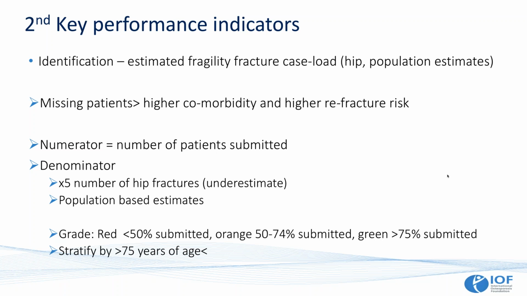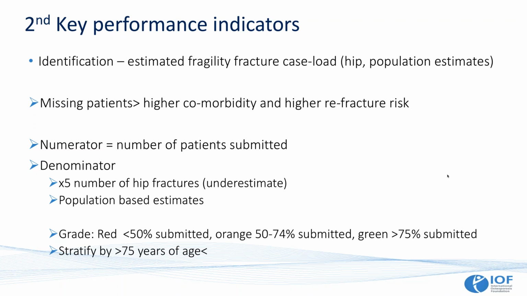So this is an indicator. The numerator is quite easy. It's the number of patients you've submitted in the last month or in the last year. Usually it's the last year. The denominator is challenging, and that's how many an FLS should see.